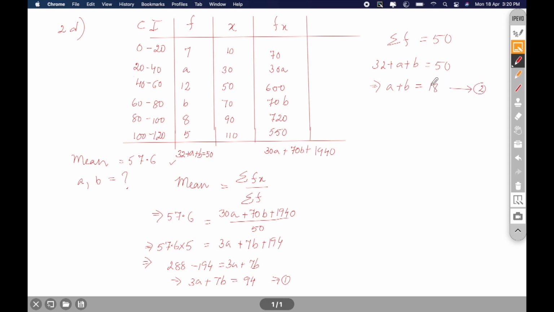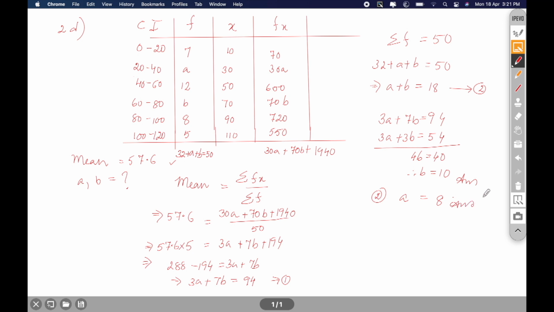So now solving equation 1 and 2 simultaneously, we have 3a plus 7b equals 94, and multiplying equation 2 by 3, it is 3a plus 3b equals 54. When we subtract, we get 4b equals 40, therefore b equals 10, and equation 2 will give you the value of a as 8. So these are the two values for question number 2 part D.